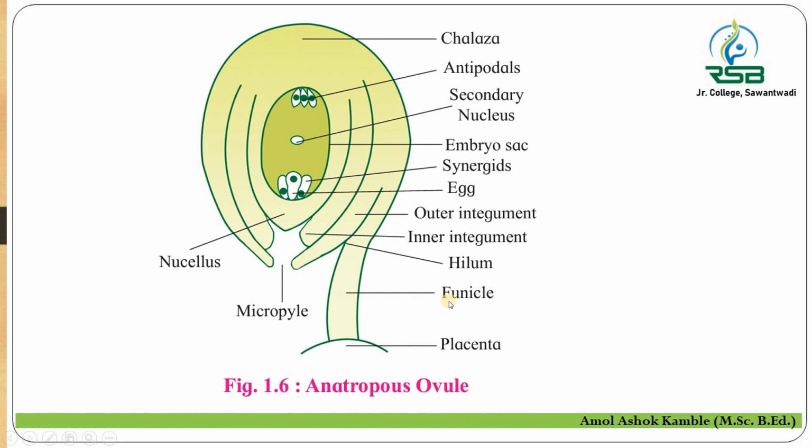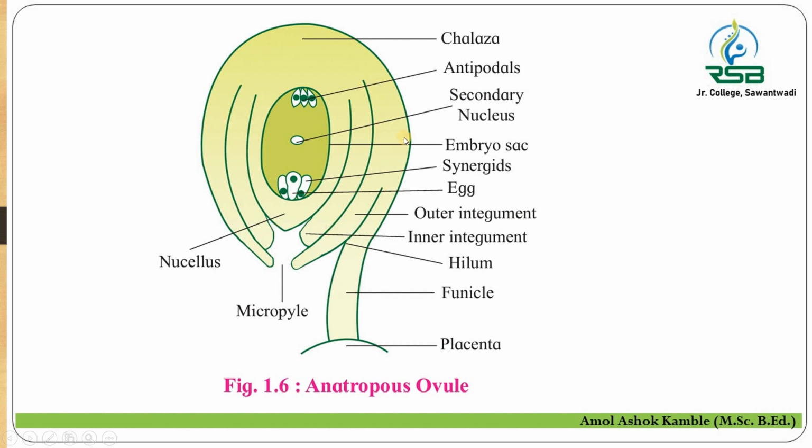So it is the mediator in between the fertile tissue of the ovary, that is the placenta, and the body of the ovule. It is called the funicle or funiculus. Then come towards the major portion in the anatropous ovule, that is the body of the ovule.